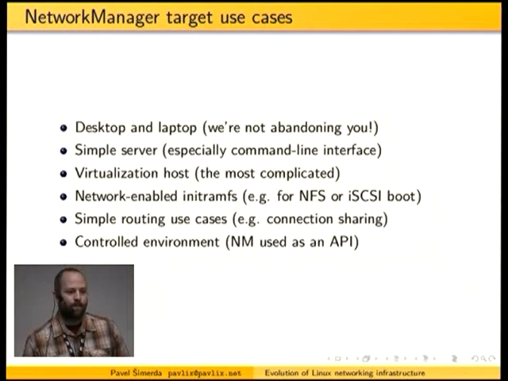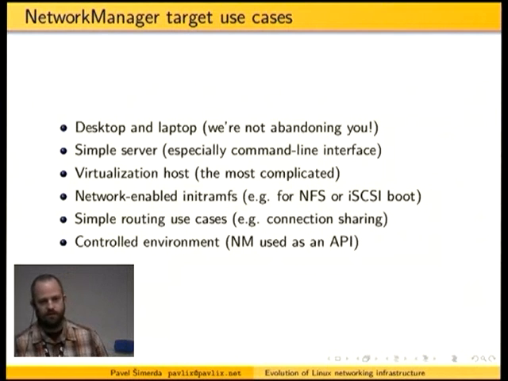But we wanted to know from the initramfs people and in Fedora from the Dracut people what needs to be done to support this use case, and whether we need to make NetworkManager more modular, remove some stuff to make it smaller, remove some dependencies.